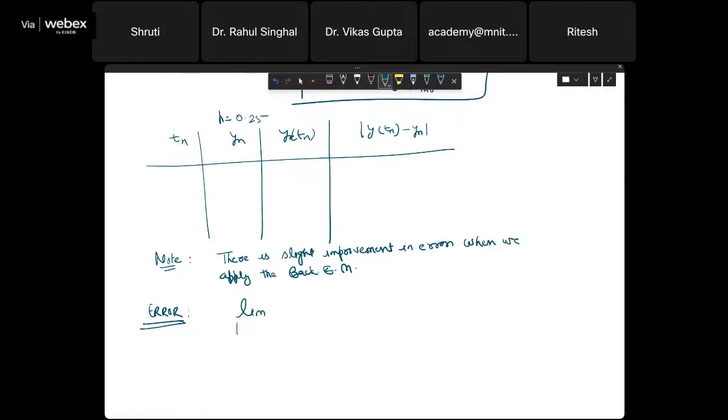Means if h is approaching 0, the step size is getting smaller and smaller, whether the approximate solution yn comes out as the solution at the final time t or any step time t.